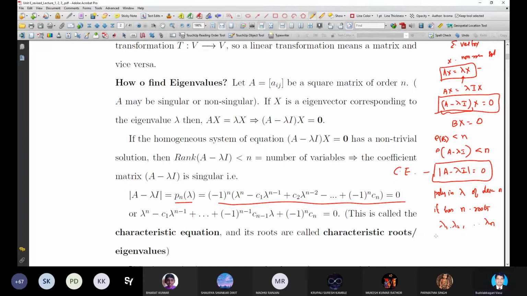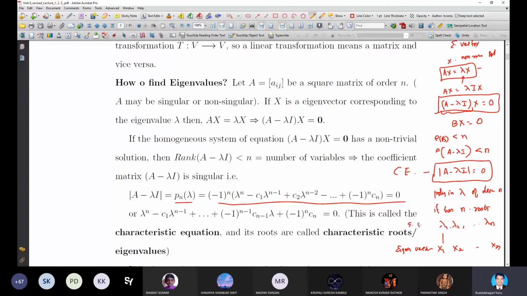Each eigenvalue gives the solution of the equation Ax is equal to lambda x. Those solutions are the eigenvectors, and these are the eigenvalues. Understand? This is the characteristic equation: determinant of A minus lambda I is equal to 0.